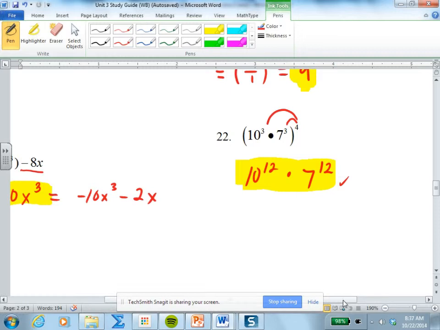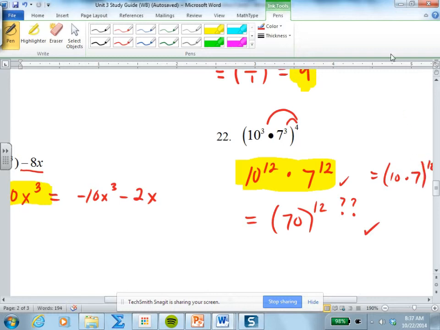Now, people have asked, okay, if this is 10 to the 12th times 7 to the 12th, is that the same thing as 70 to the 12th power? And it actually is. Because if I basically reverse the power rule, this would be the same thing as 10 times 7 to the 12th power.